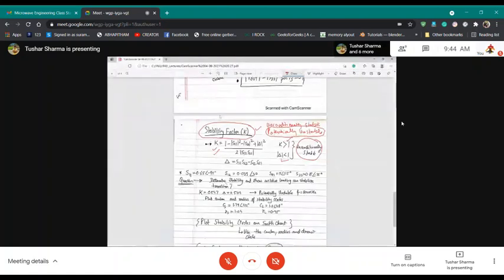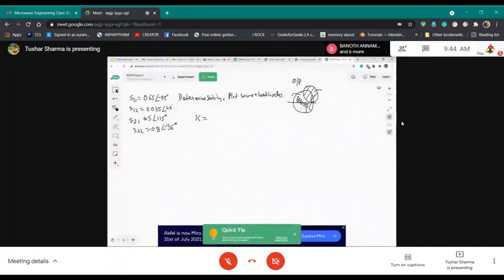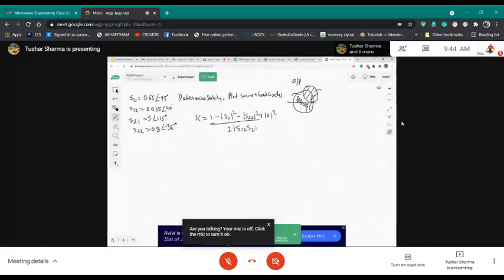Okay, so K is given by 1 minus magnitude of S11 whole square, minus S22 whole square, plus delta whole square, over 2 times S12 S21.